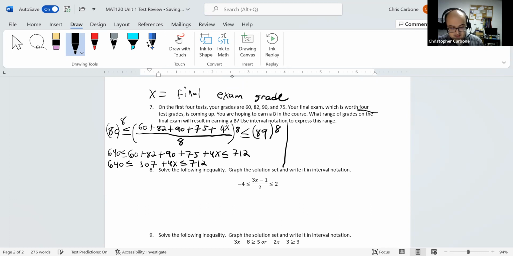So solving this, we are going to subtract this 307 from all 3 sides. So let me do that here. 640 less than or equal to 307 plus 4x less than or equal to 712. We are subtracting by 307.